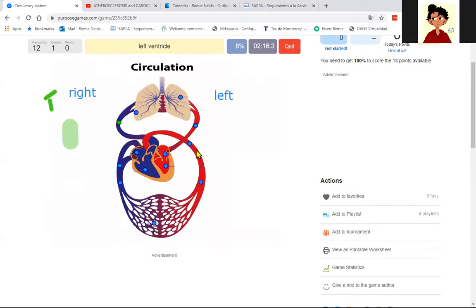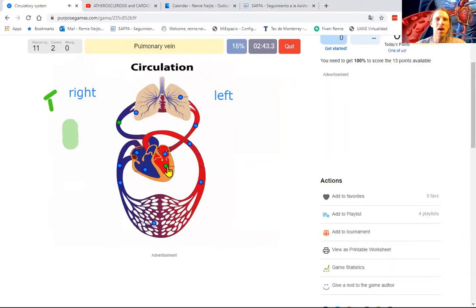The left ventricle is the one on the down right. Oh, this one you say. Tell me just left up or bottom, or right up or bottom. So this is right, this is left. So which one is it? Left bottom. Okay, very good.